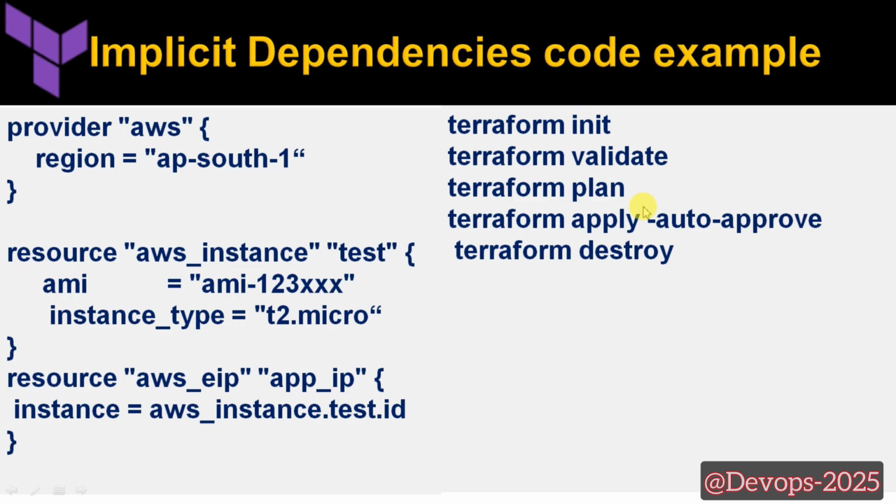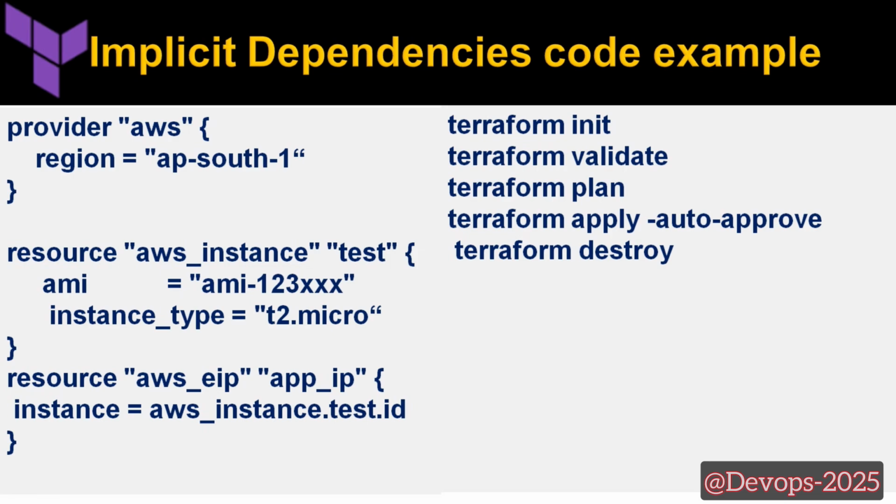Then we create the plan by using terraform plan, and then apply it. Whenever we create the plan, we can apply that plan, then actual resources will be created, and then we can see the output in our AWS console. So the EC2 instance will be created first, then attached to the Elastic IP.